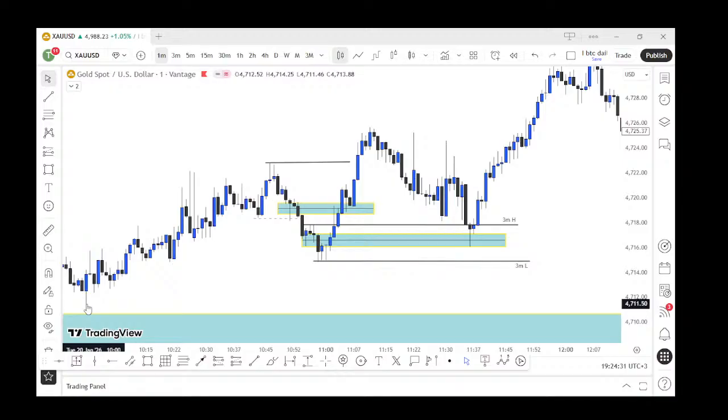Let me go back to the 3 minutes time frame. This was the opening candlestick. If you put a vertical line here, now let's go to the 1 minute time frame. What do you see on your 1 minute time frame? This is what you see, guys.